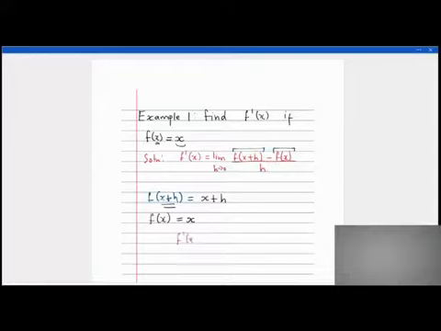So I'm going to have the limit as h tends to 0. My f at x plus h is nothing but x plus h, then minus f of x. F of x is nothing but x, right? So this will be all over h. Let me just work out this part.